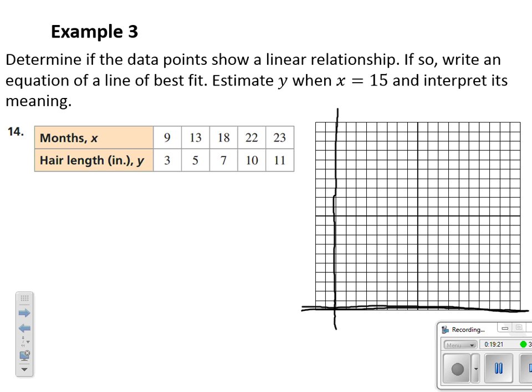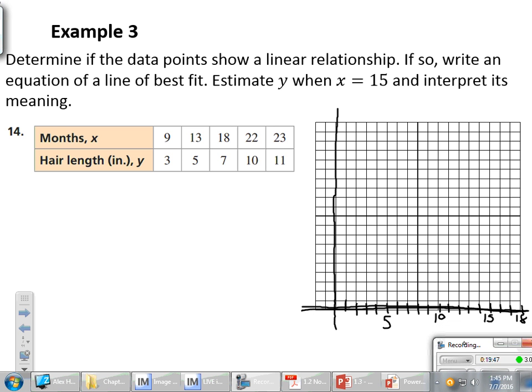So at 9 months, I'm just going to label my axes here. Well, that doesn't fit our data very well when we count by ones. That would only get me up to 20, so I'm going to have to go by twos, I think. Let's retry this x-axis here.